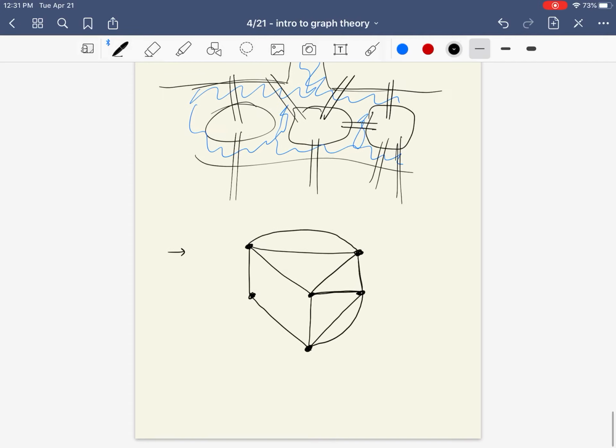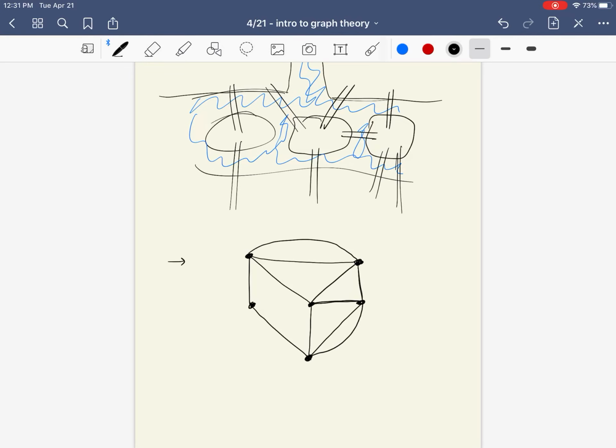So let's use Fleury's algorithm. Fleury says pick, I'm going to put V in red. It just says we can pick any one, because the first step is to check that we have all even degrees, but that's how I built the graph to begin with.